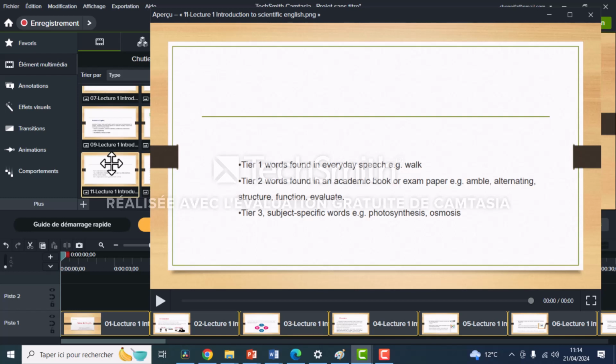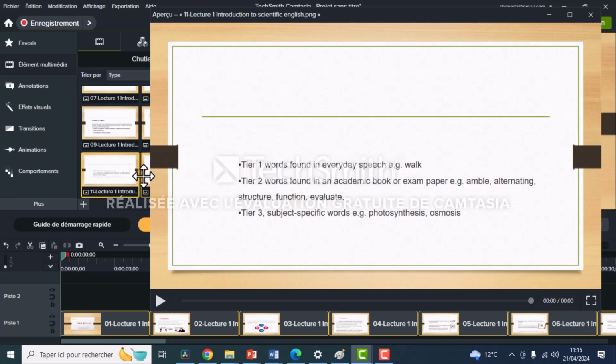Before moving to all aspects, this is a reminder for you that there are three tiers of words. There are the tier 1 words found in everyday speech. There are the tier 2 words found in academic books or exam papers, for example. And there are the specific words related to the tier 3 words.